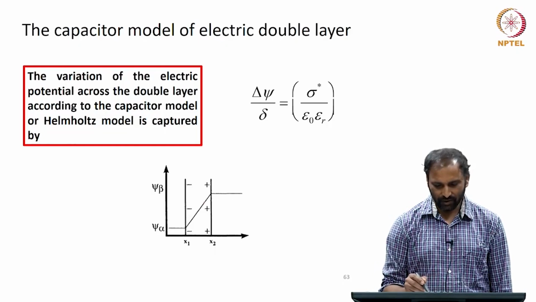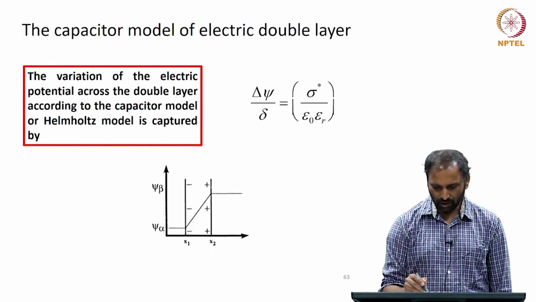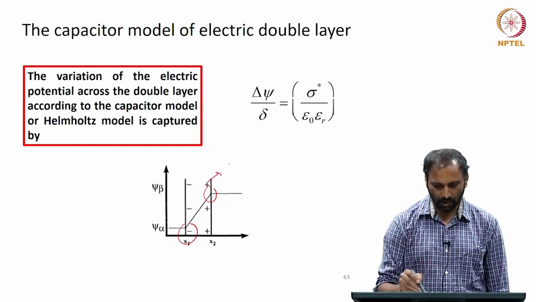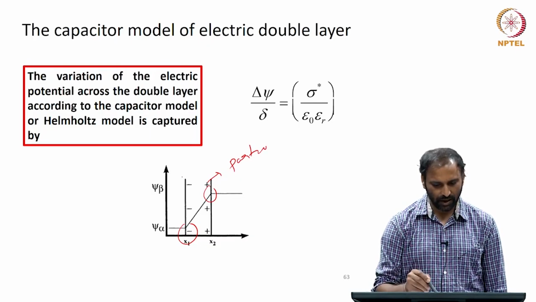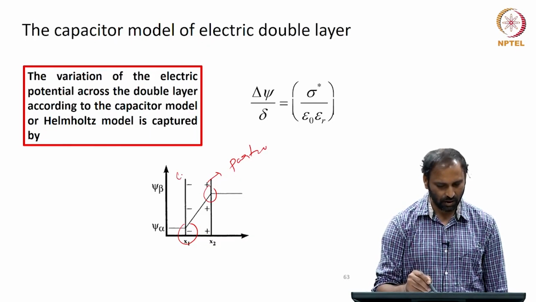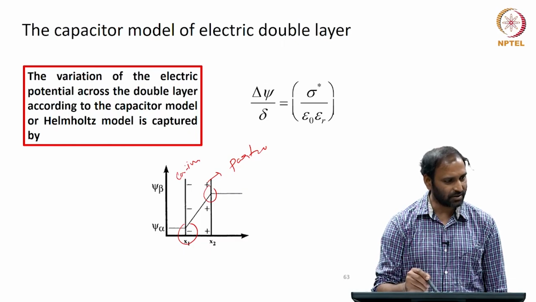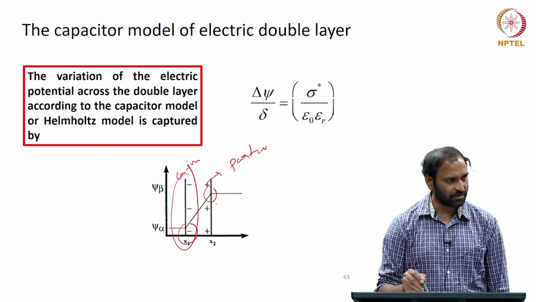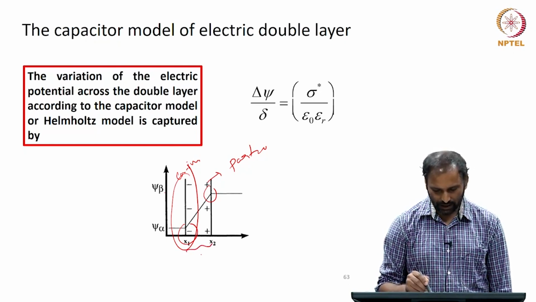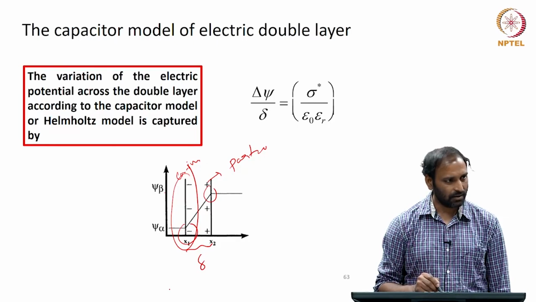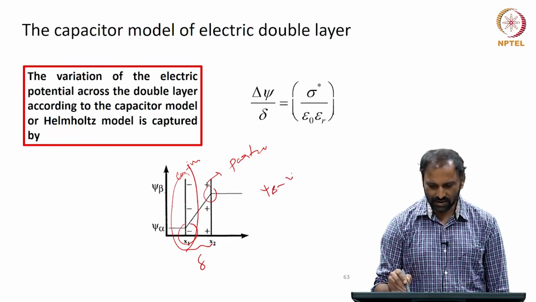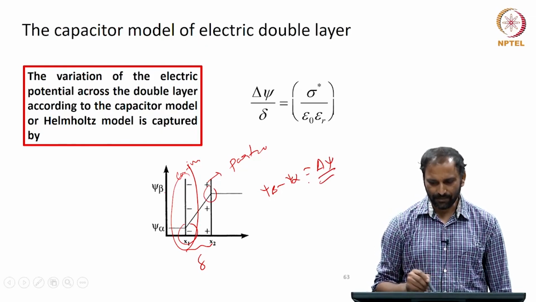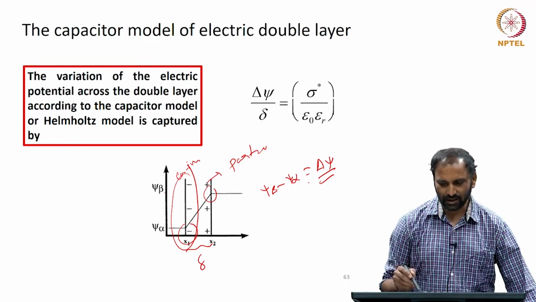You could have a positively charged plate, for example, and a negatively charged one: these are the charges on the particle surface, and these could be the charges of the counter ions. These are the ions which are tightly bound to the charged surface, and that is the distance delta, and this psi b minus psi alpha is the potential drop, and you can do some simple calculation.